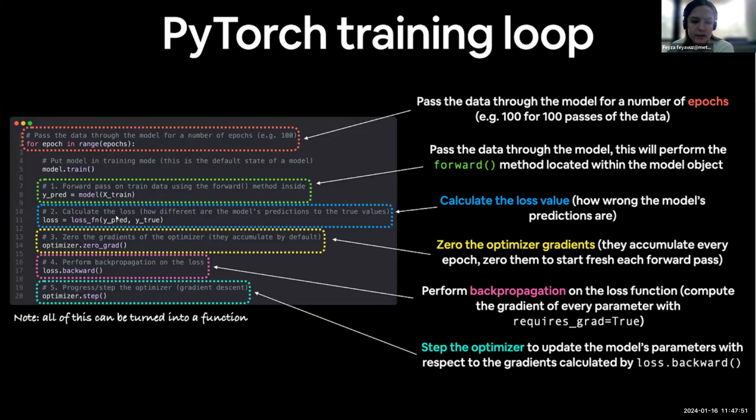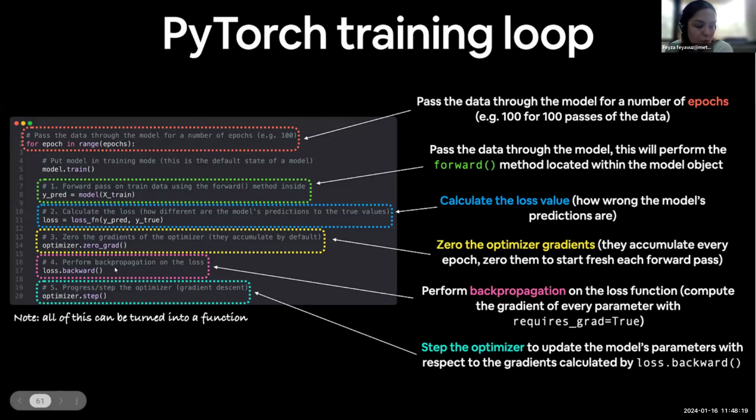Then we calculate the loss function, which basically measures how different our model's predictions are from the true values. Y true is the ground truth values, and predictions is the one that we are obtaining from our model. Then we have to zero the optimizer gradients with zero grad, because they accumulate every epoch, so zero them to start fresh with each forward pass.